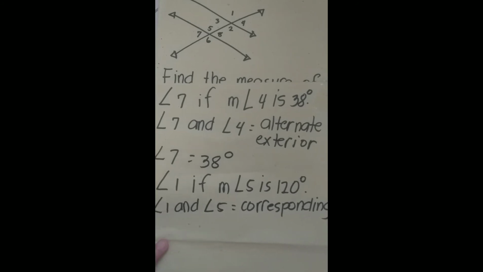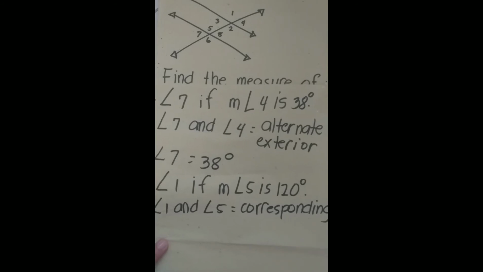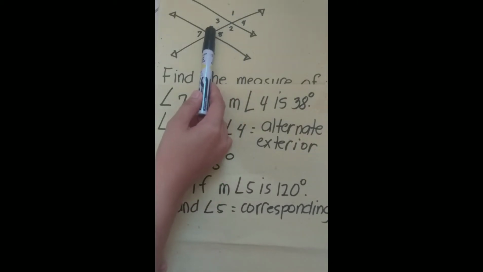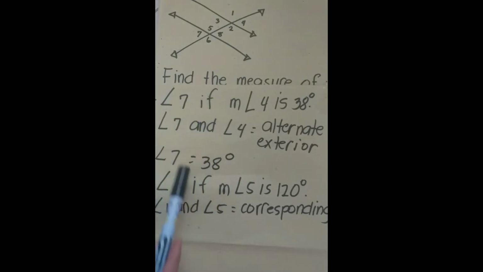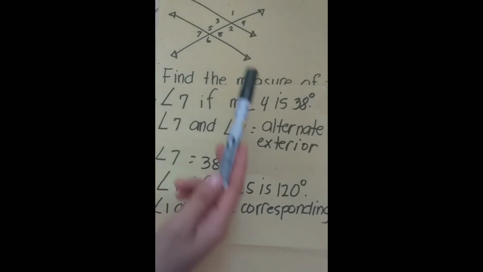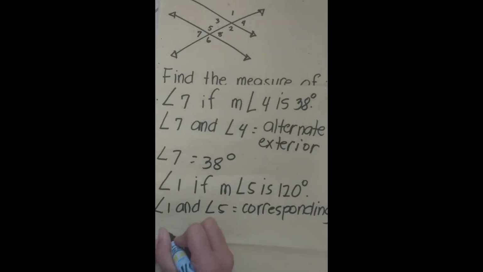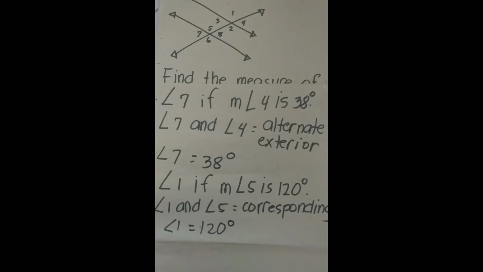If the angles are corresponding angles, they are also congruent. So, since angle 1 and angle 5 are corresponding angles, and the measure of angle 5 is 120 degrees, therefore, angle 1 is also 120 degrees. Okay, last example.